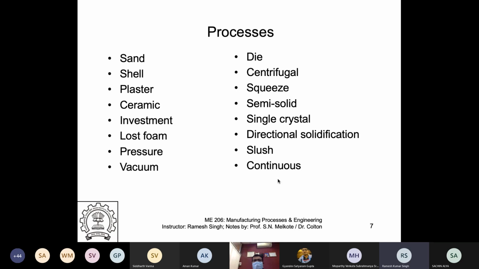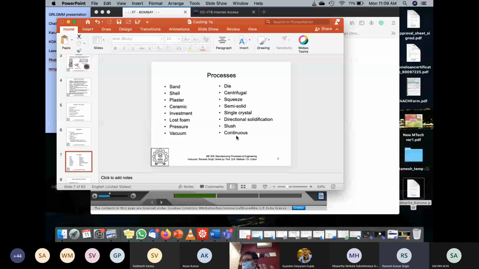It will split open once it solidifies, and then you can take the part out. So a lot of these plumbing equipment, taps, faucets, are all made using this technology, right? Any questions? Is it clear what die casting is?